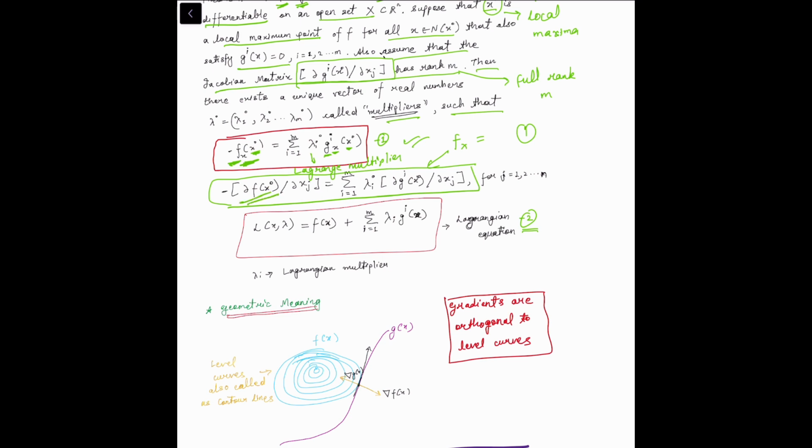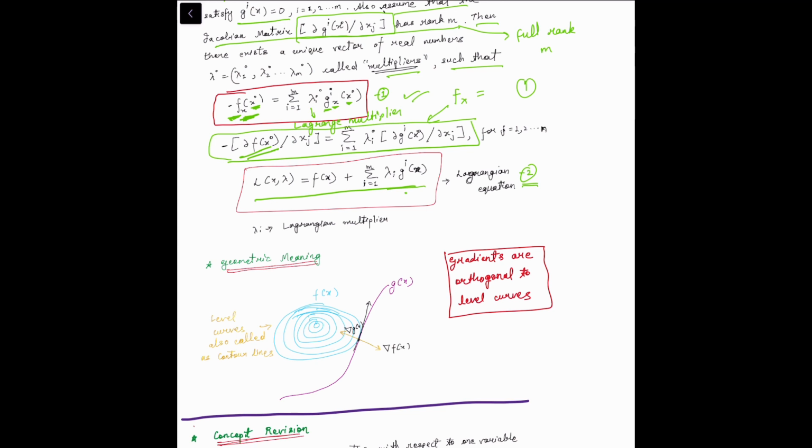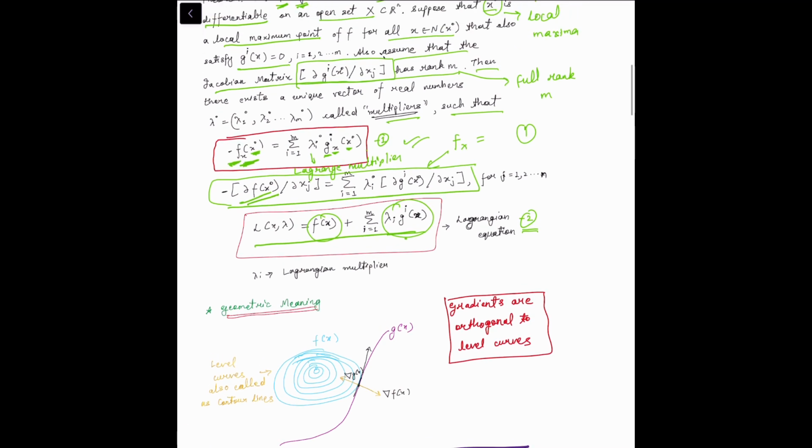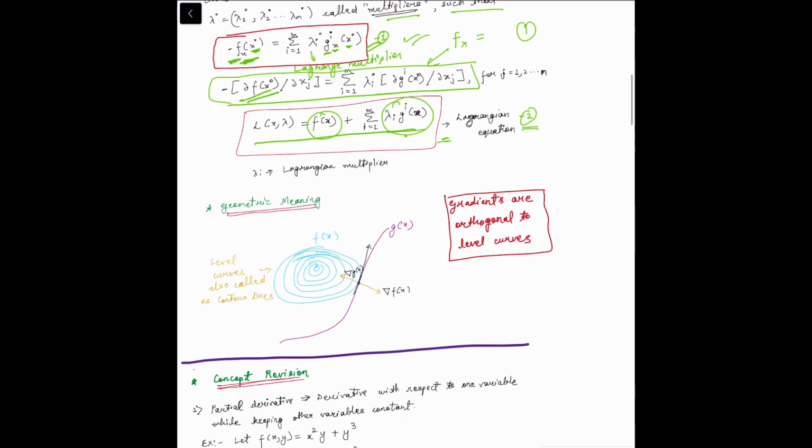The Lagrangian equation for optimization, which is equation number 2, is not made up of derivatives. Instead, it is a linear combination of the original objective function and the sum product of constraints along with multipliers. So remember that the first equation has derivatives, whereas the original equation for the Lagrangian optimization doesn't contain any derivatives, where lambda_i is again the Lagrange multiplier.